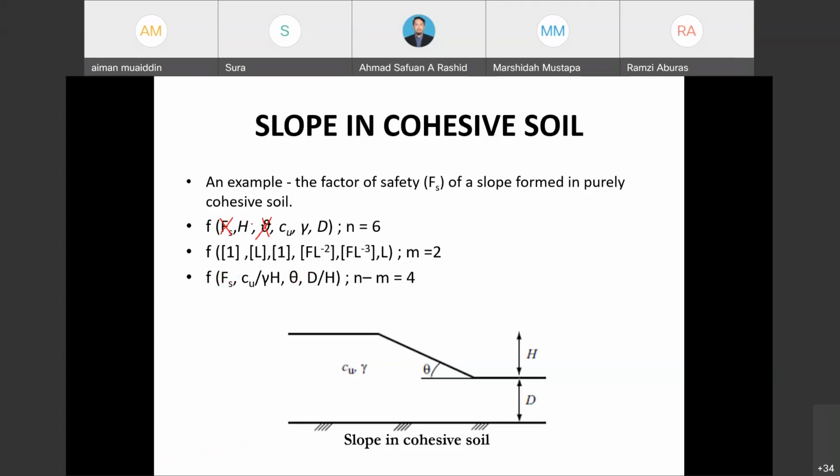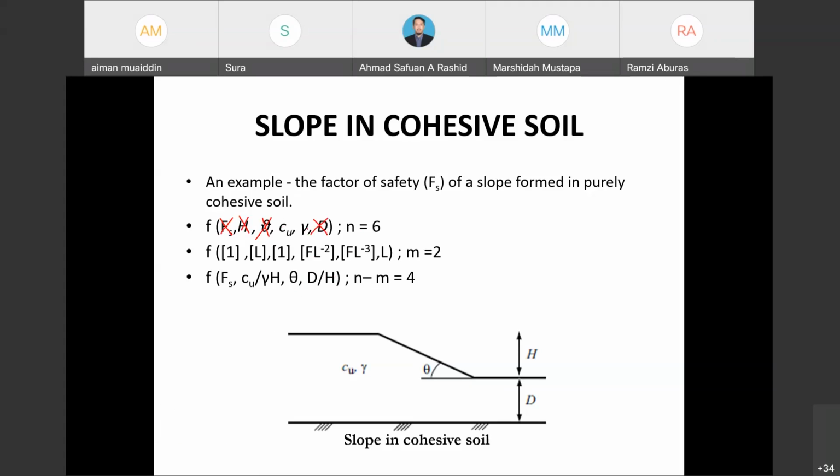So to make it easy, we may use the ratio between D over H. So we have another equation here, D over H. Then for the last one, we should use the combination of Cu and gamma.